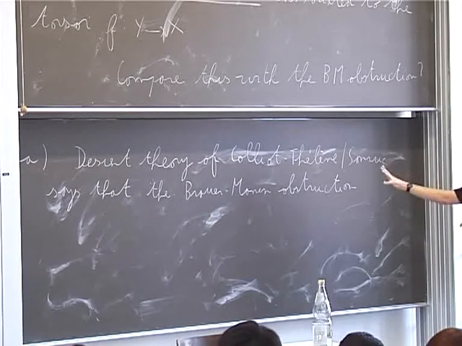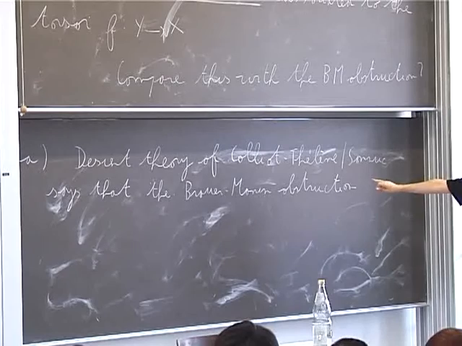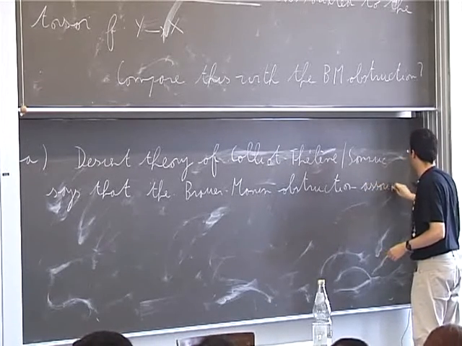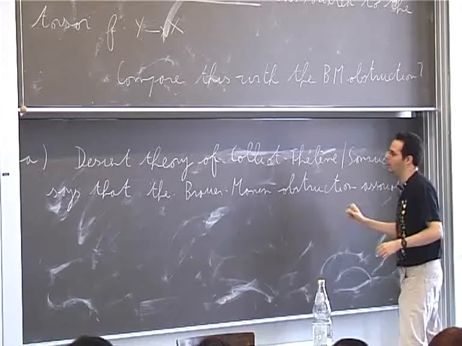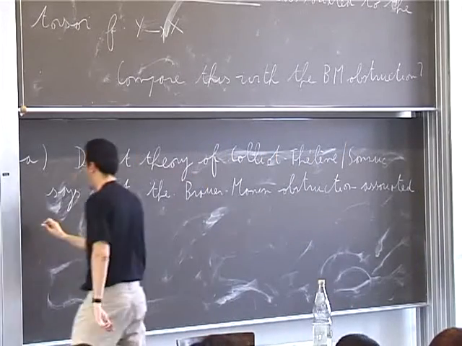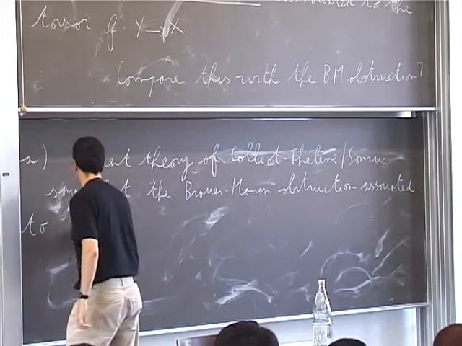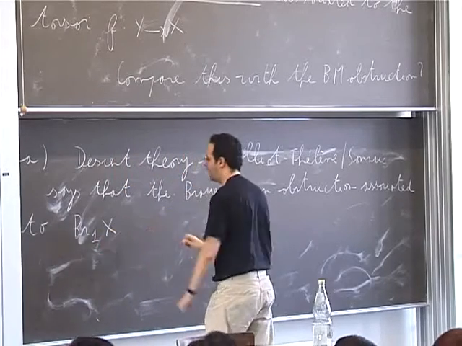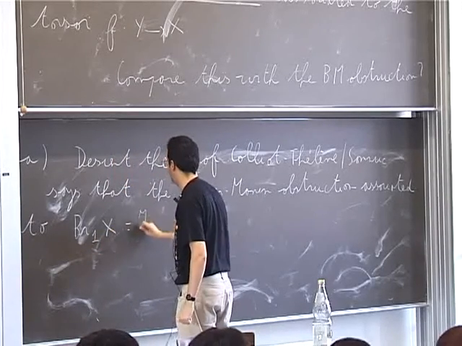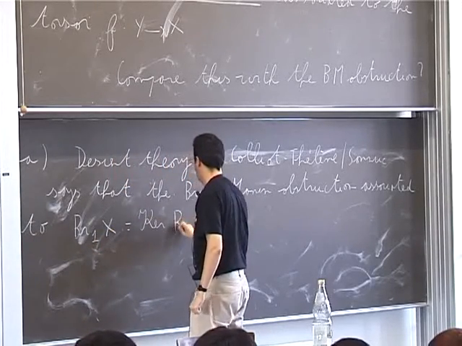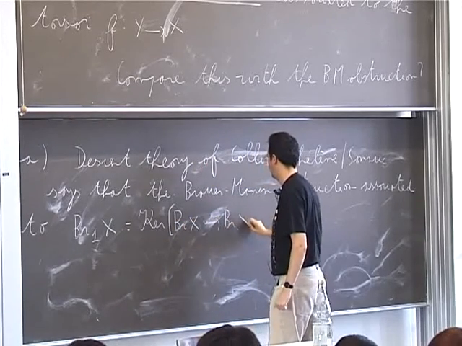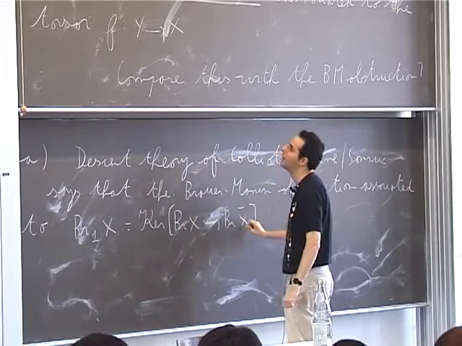And this statement should be refined. You have to consider the Brauer-Manin obstruction associated only to a part of the Brauer group, to Brauer 1 of X. And Brauer 1 of X, by definition, is the kernel of Brauer X to Brauer X bar.